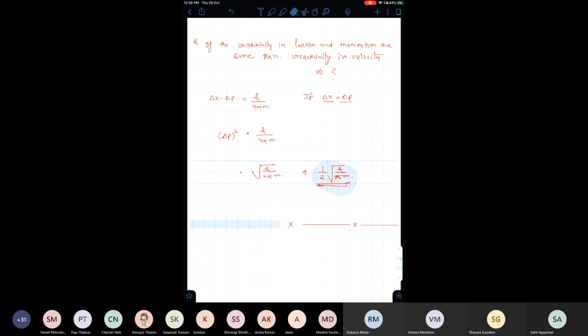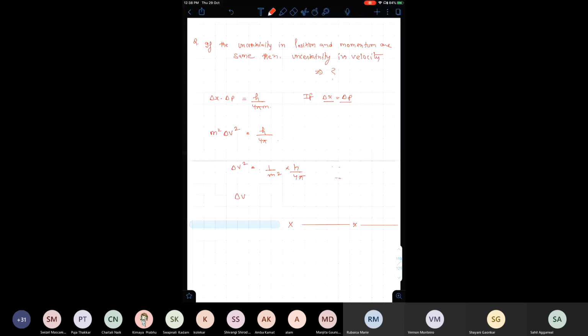So this will be equal to m square delta v square. Change this a little, there's something wrong in this. Delta v square will be equal to 1 upon m square into h upon 4 pi.